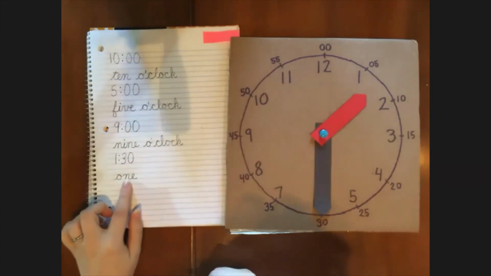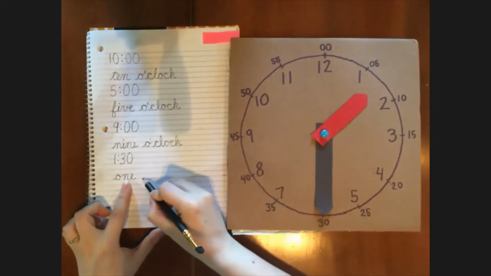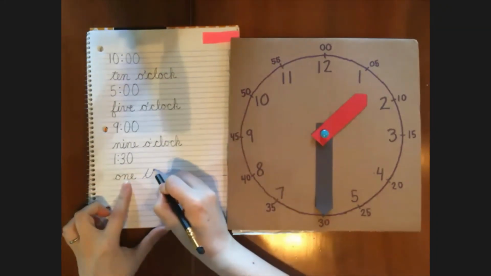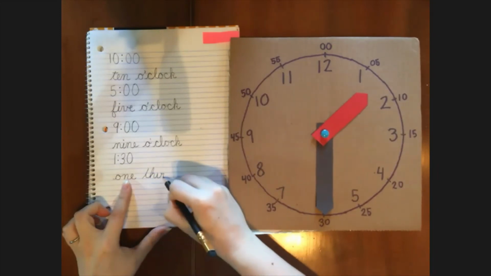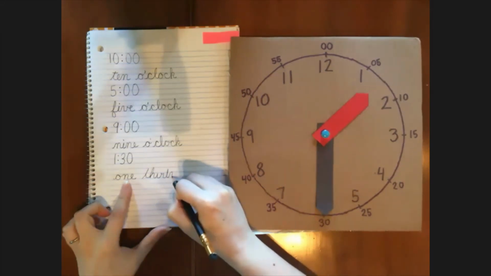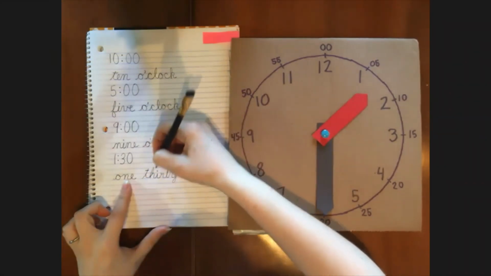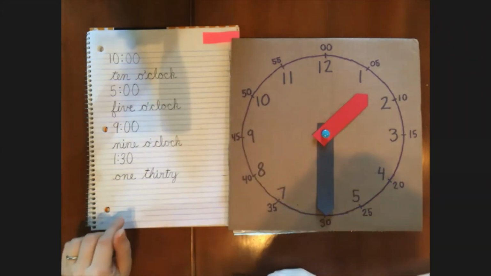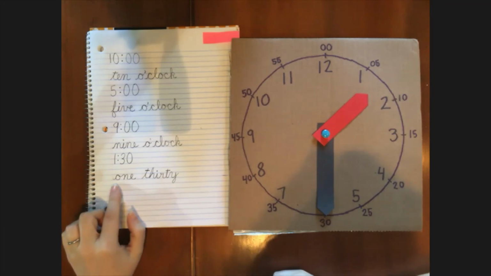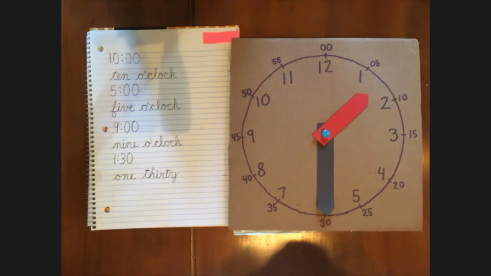This is 1. Now let's write 30. I always like to finish writing my word before I cross my T's and dot my I's. So this says 1:30.